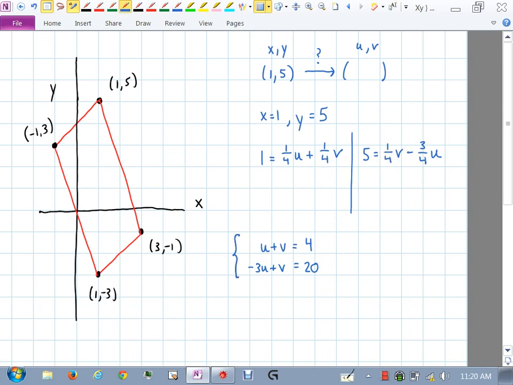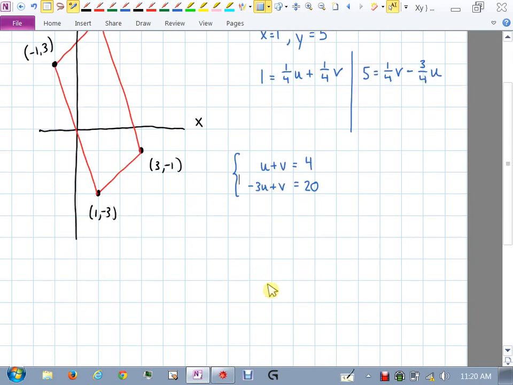This is now a system of 2 equations in 2 variables, right? You can solve systems of linear equations like this using substitution or elimination. I would expect that everyone here could solve that system, all right?